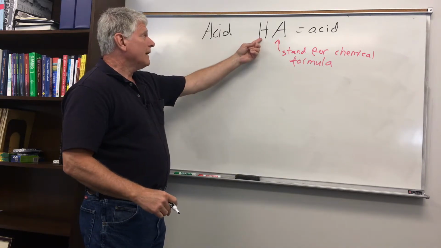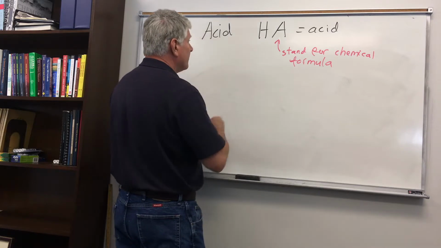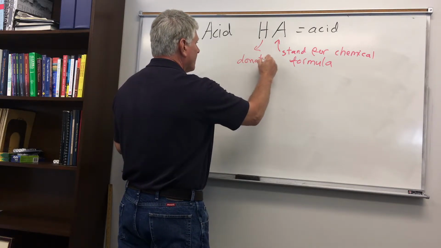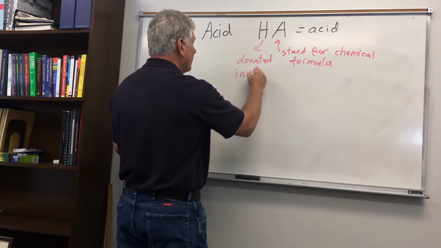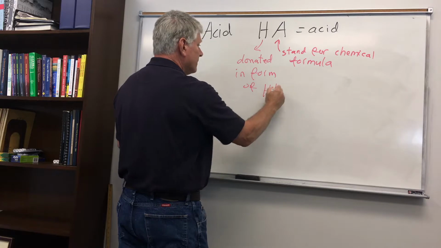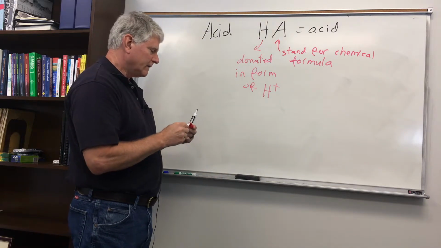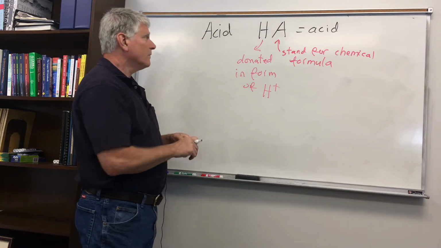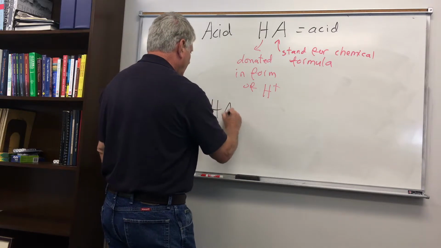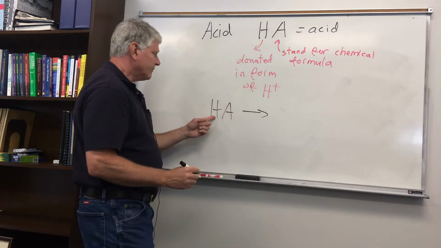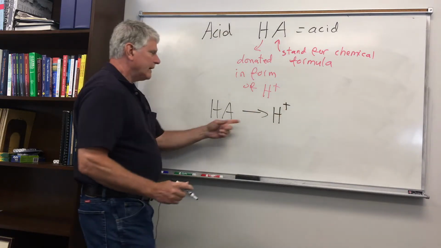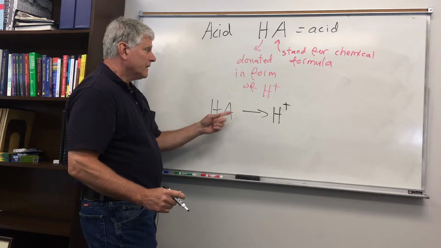So this hydrogen is the one that will be donated in the form of H plus, the H plus ion. So when this hydrogen is donated, it's donated in the form of H plus.